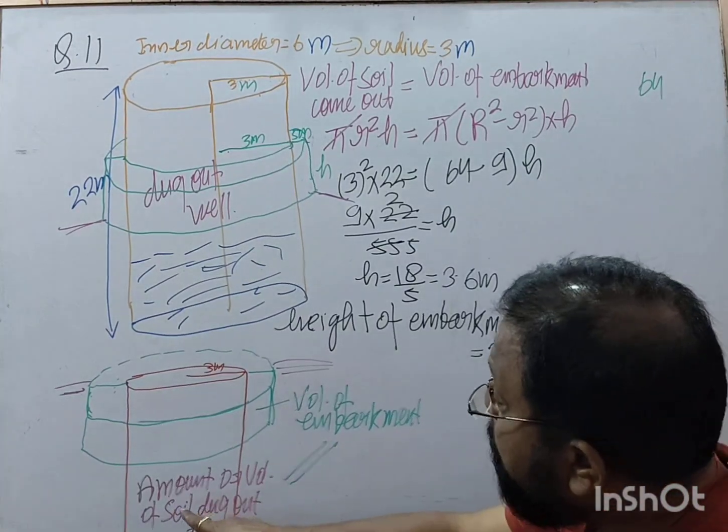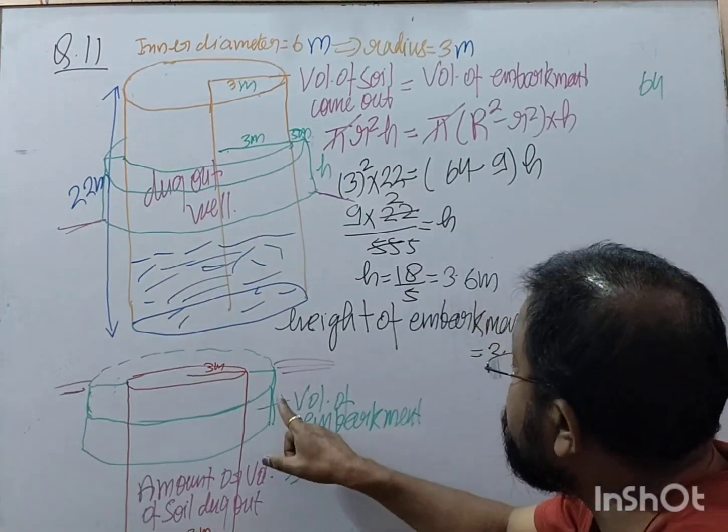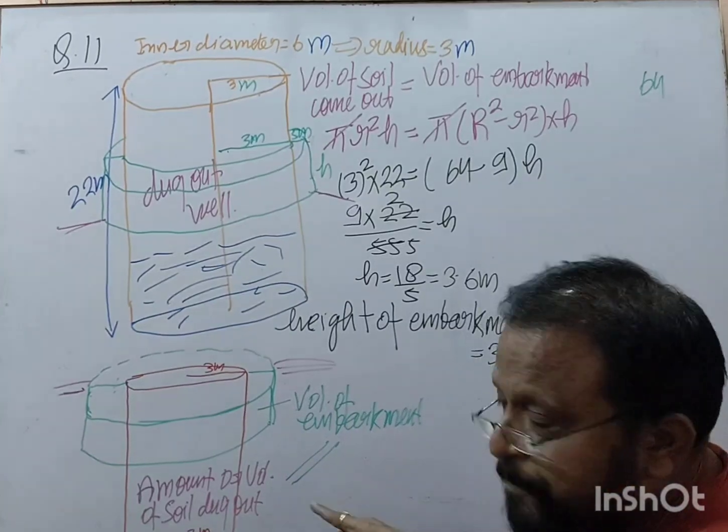Amount or volume of soil dug out is equal to volume of embankment.